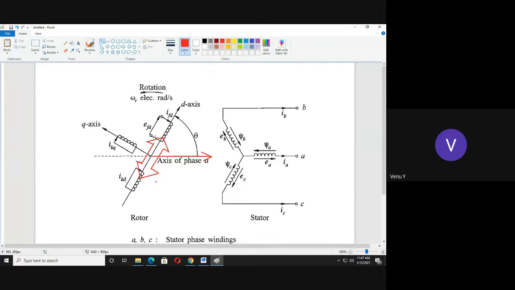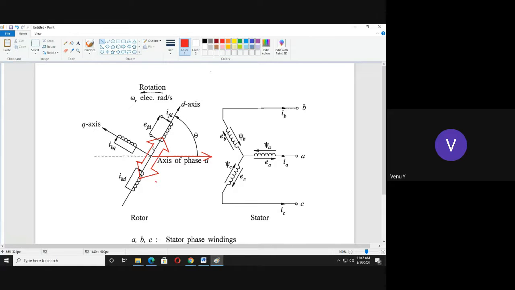So this is the direct axis along with the poles. This is the quadrature axis, in quadrature with the poles. This is the quadrature axis.